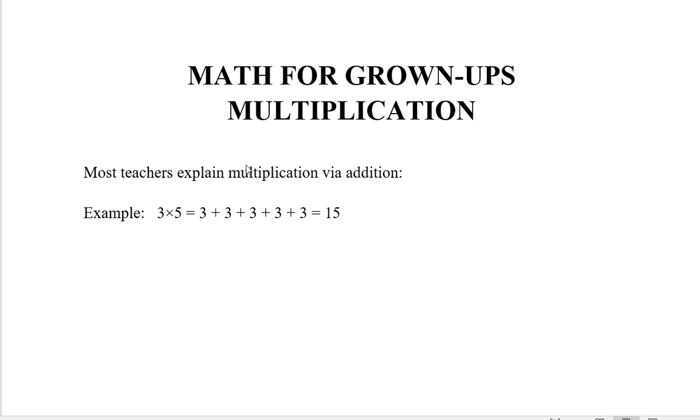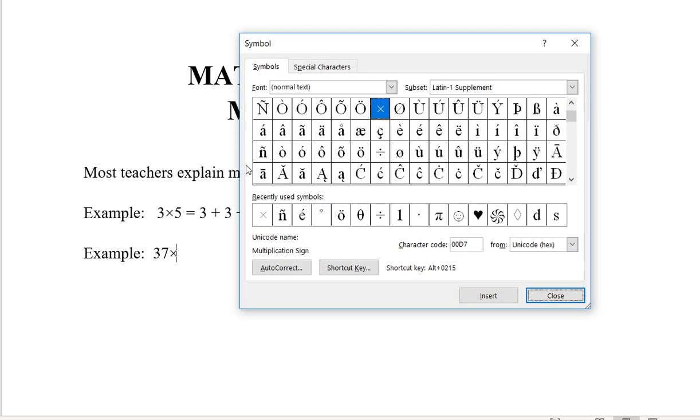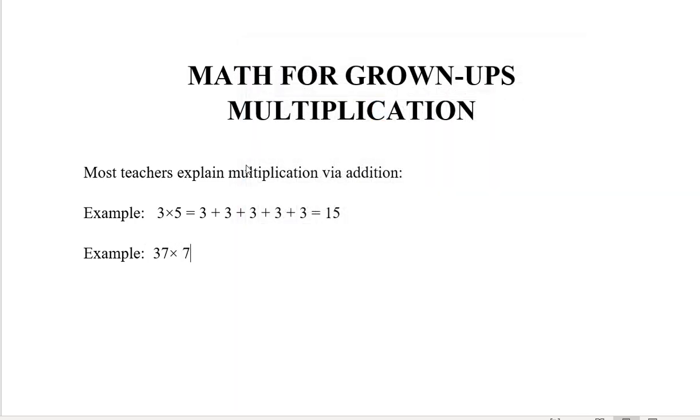However, the problem is what about when you do something like 37 times 78. Now, nobody does 37 plus 37 plus 37 plus 37, 78 times. So why is it done differently?